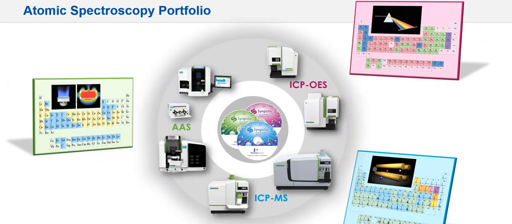Today, our current atomic spectroscopy portfolio has grown considerably from the 1963 Model 303. In AA, there are multiple models and multiple techniques, from flame and furnace to dedicated mercury analyzers, and now there are ICP-OES and ICP-MS instruments.